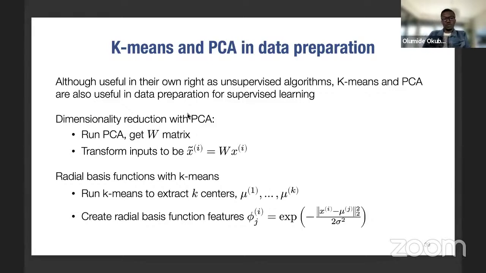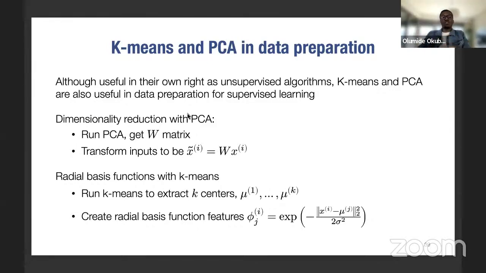Radial basis functions with K-means. Radial basis function features are in a way trying to define features for a set of classes. Let's say you have images, and for a set of images you want to define a set of what we call radial basis features. That's a different topic, where they correspond in a radial way, and I don't want to get into it.